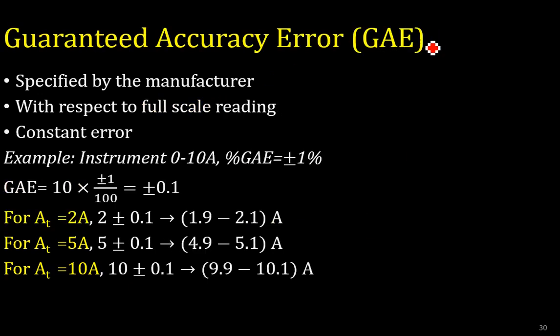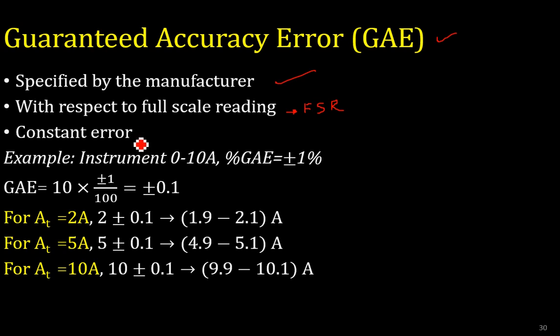Now the next one is guaranteed accuracy error, GAE. Okay, again this is specified by the manufacturer, but this is with respect to the full scale reading. This particular error is with respect to the full scale reading, and it is a constant error.